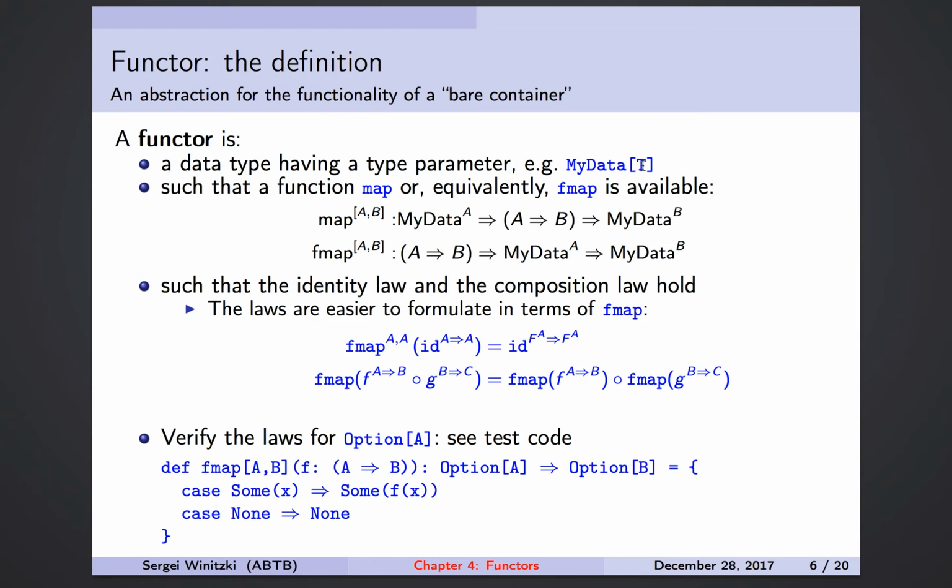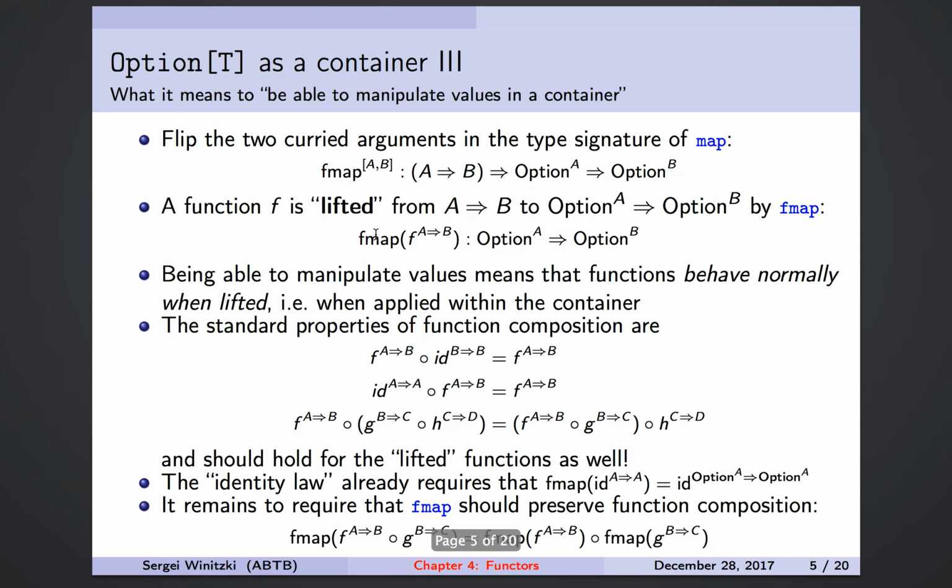Second requirement is that a function map should be available for this data type with this type signature, or Fmap. These are equivalent. They just differ by order, or the order of curried arguments. And these functions must be such that the laws of identity and the laws of composition must hold.